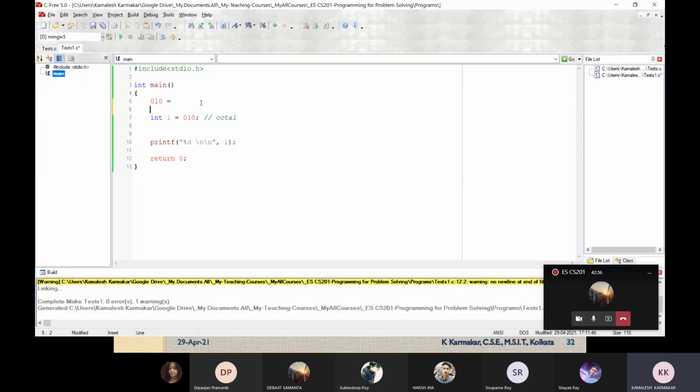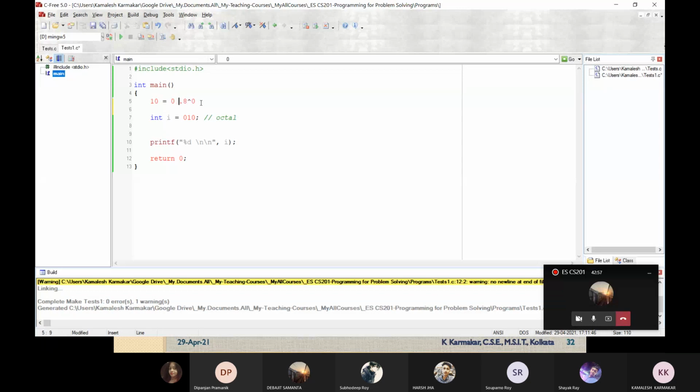Okay, 0, 1, 0. So this 0 represents an octal number. So what does 10 mean? You have to start from this position.